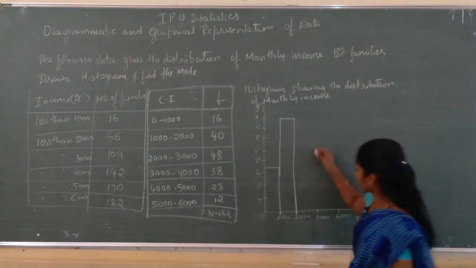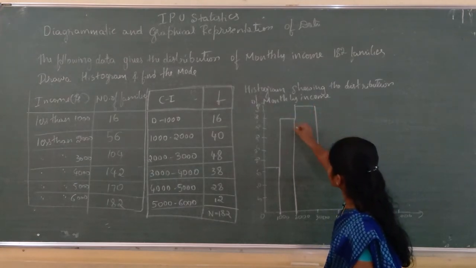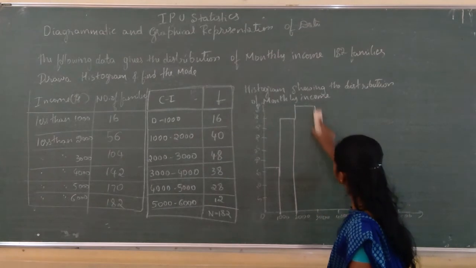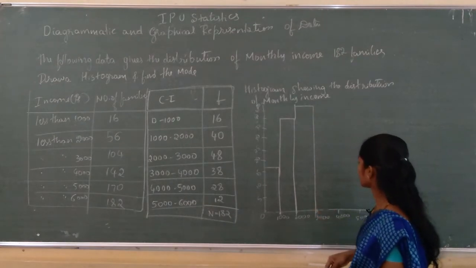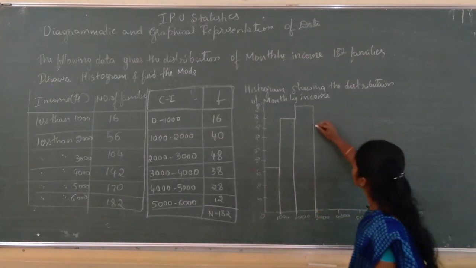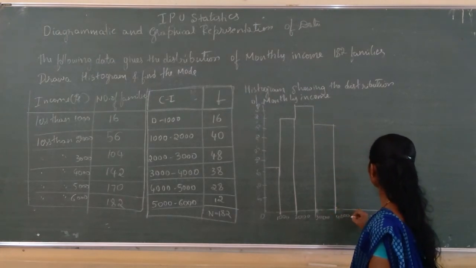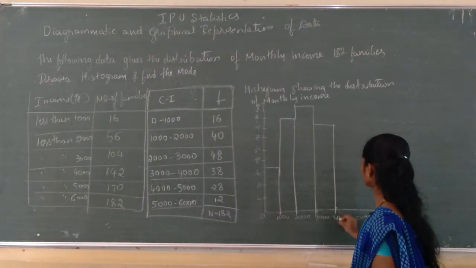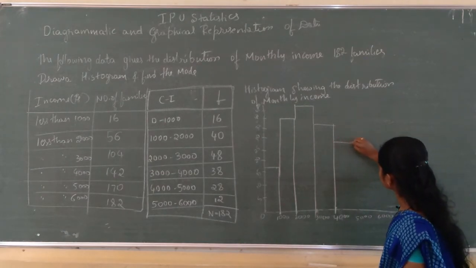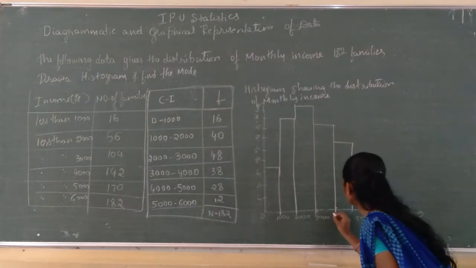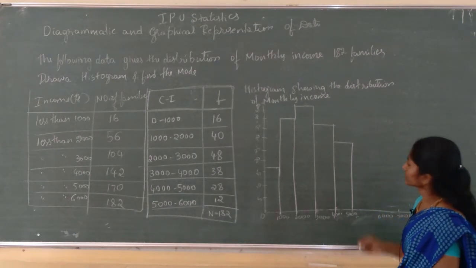2000 to 3000, that is 48, then 38, then 28, last one is 12.